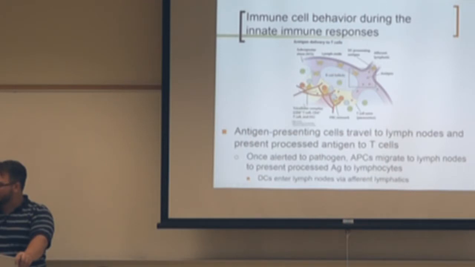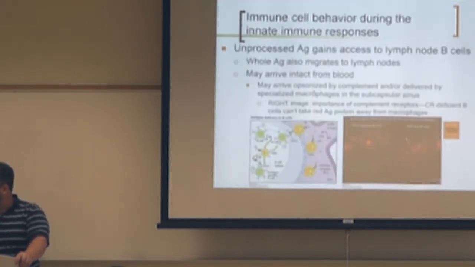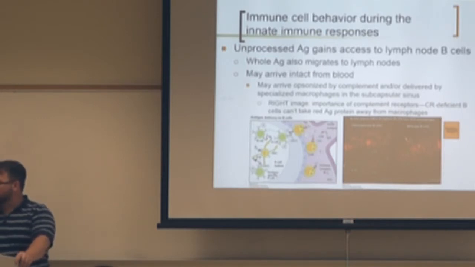This is where you can get complexes in which CD8s and CD4s both bind to dendritic cells. Again, cross-presentation is necessary to really drive a good immune response. Whole antigens can also migrate to the lymph nodes, not just dendritic cells.